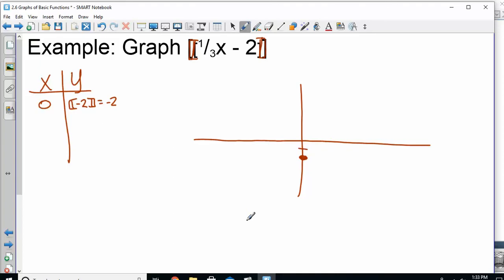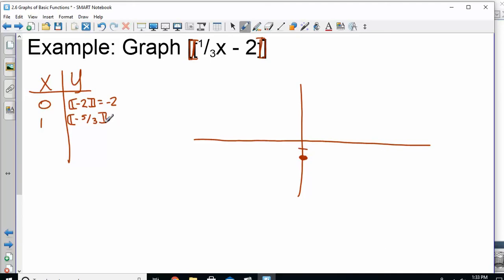So now we just need to figure out how far we go until we get the next integer. What do you want to plug in? 1. If I put in a 1, 1/3 times 1 is 1/3, minus 2 is -5/3, or -1 2/3.